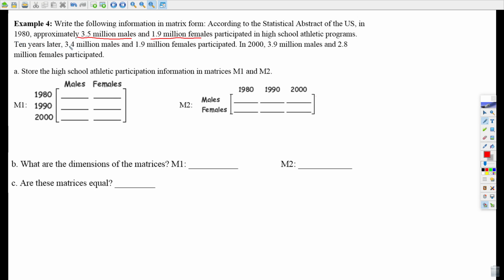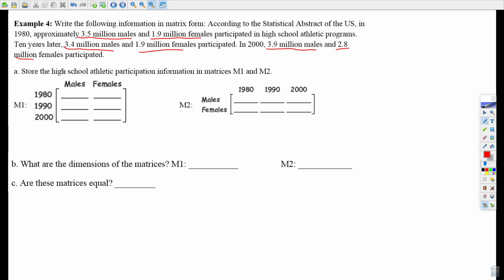Ten years later, in 1990, 3.4 million males and 1.9 million females participated. And in 2000, we had 3.9 million males and 2.8 million females. So instead of having this all out in a big paragraph, we're going to store it in a concise matrix. We're actually going to do 2 different ones: store the high school athletic participation information in matrices M1 and M2.